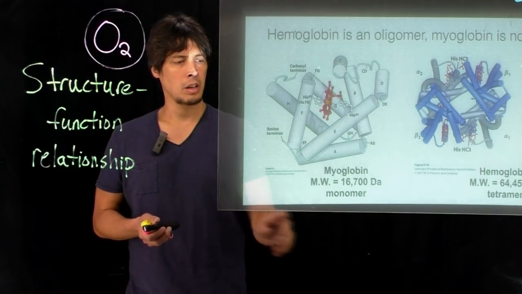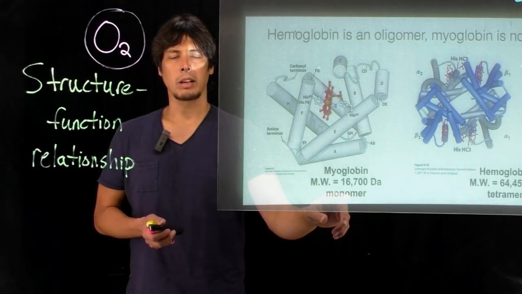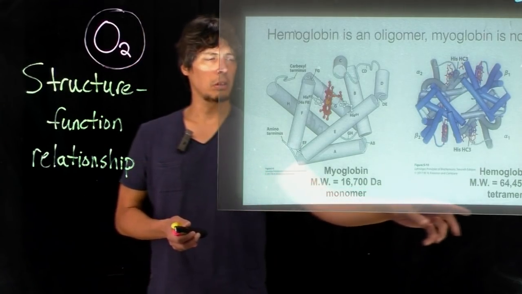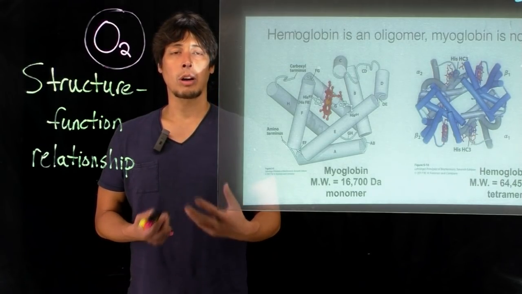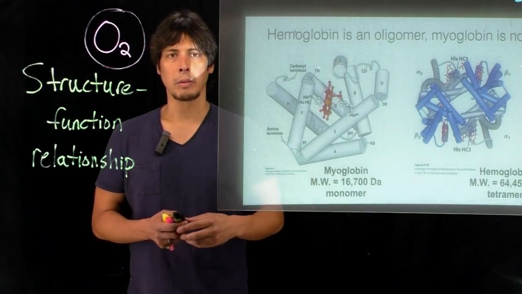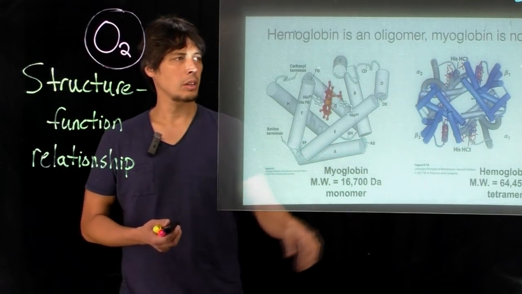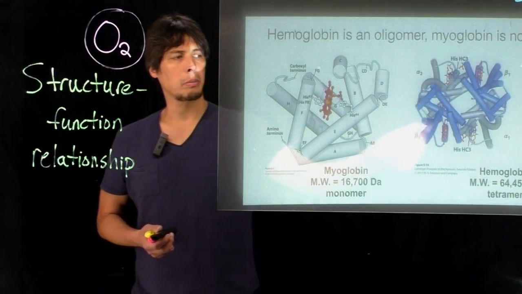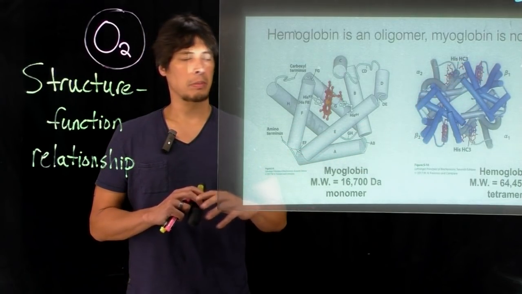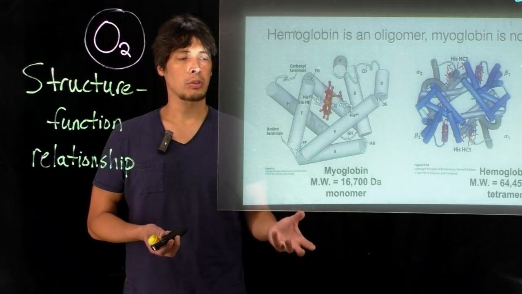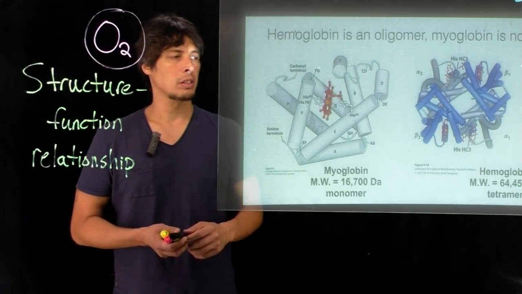But you'll notice the major difference between myoglobin and hemoglobin: myoglobin is a monomer, with a molecular weight of about 16,700 Daltons, whereas hemoglobin is a tetramer. Recall when we talk about quaternary structure, this is what we're talking about. We have several subunits, four subunits in hemoglobin: alpha 1, alpha 2, beta 1, and beta 2, shown on the right-hand side. This is about four times as large a protein as myoglobin, with a molecular weight of almost 65,000 Daltons.